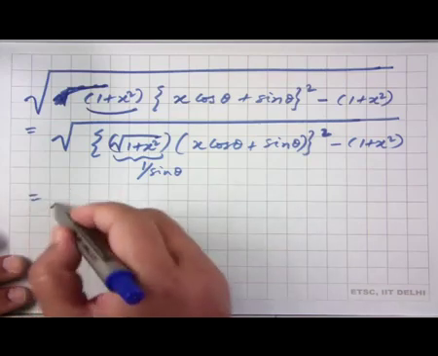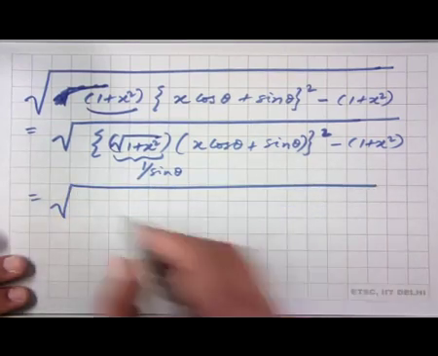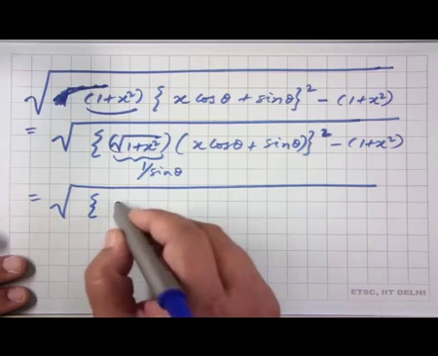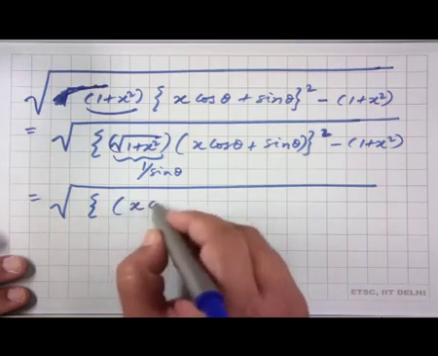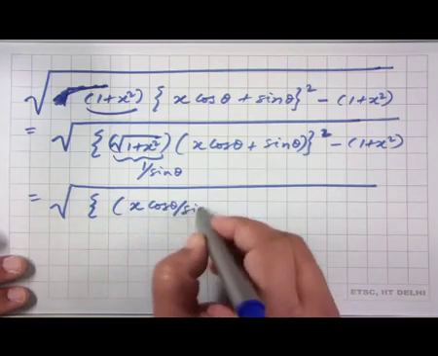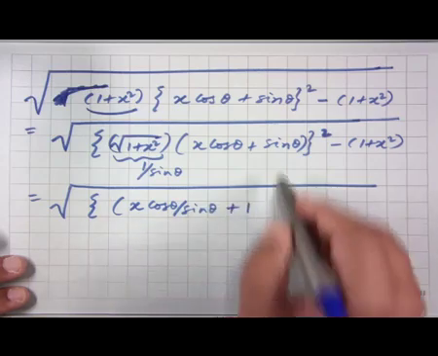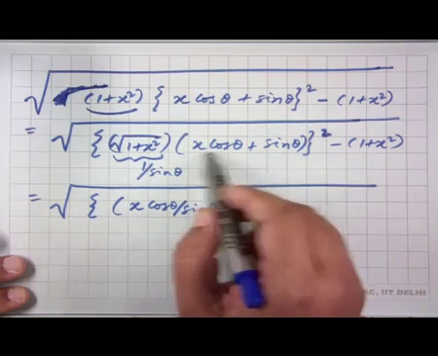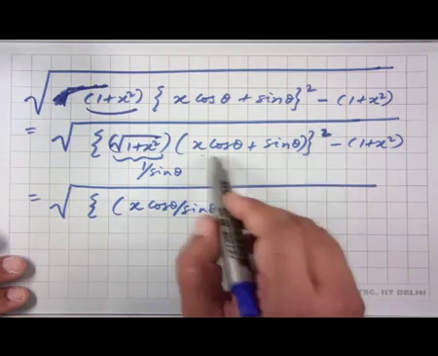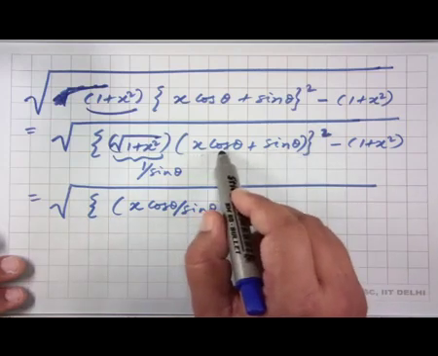So, we get this to be equal to the square root of x into cos theta over sin theta plus 1. We divide both these by sin theta, so this becomes 1 and this becomes x cot theta.